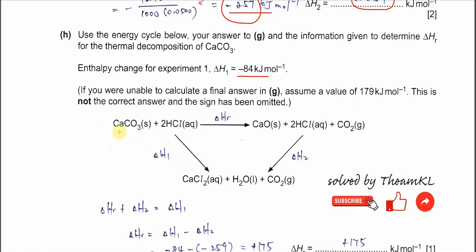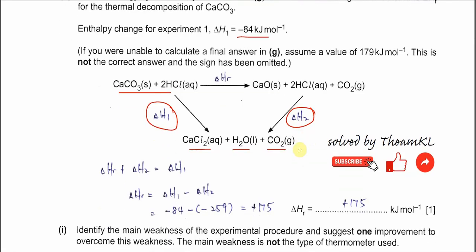We know that it's calcium carbonate with acid giving the salt, H2O and CO2. So this one obviously is delta H1. Calcium oxide with acid, you just ignore this, just cut it. So pointing in this direction is calcium oxide with acid giving the salt and water. So this part is delta H2.